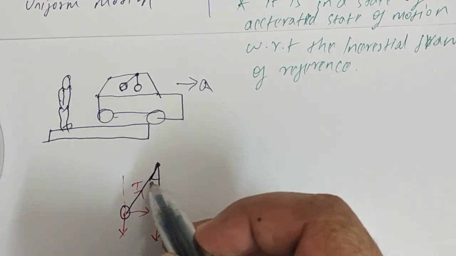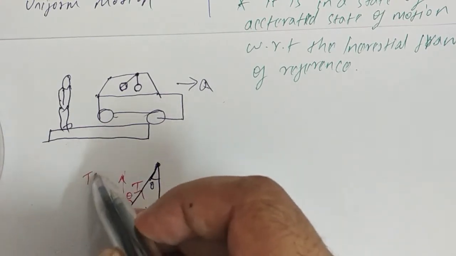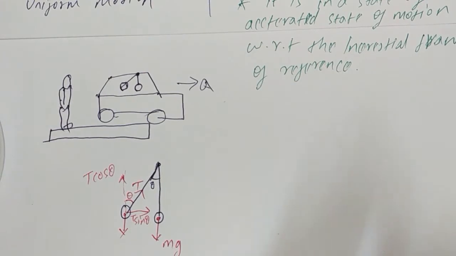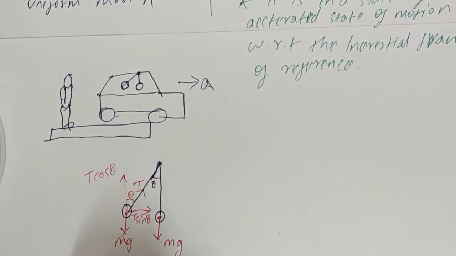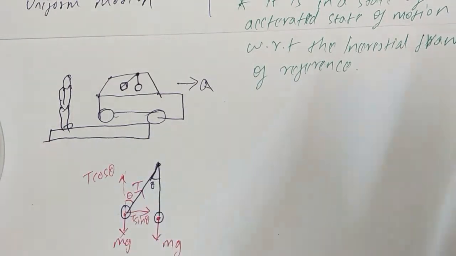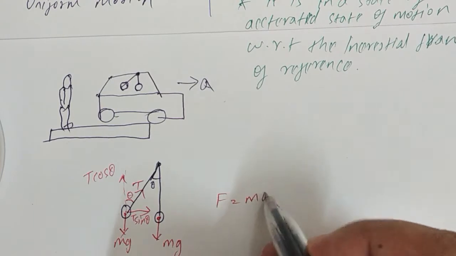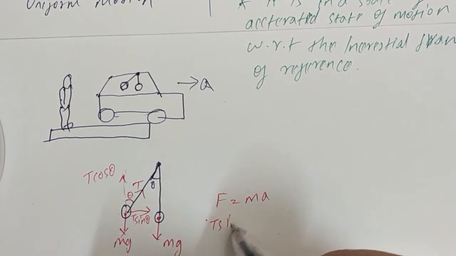This angle is theta, this is the alternate angle theta. So this is the horizontal component, T sin theta, and this is the vertical component, T cos theta. From this simple analysis, you can say that T cos theta is balancing the weight of the bob of the pendulum, and F equal to ma means that this force T sin theta is accelerating this bob in the forward direction.